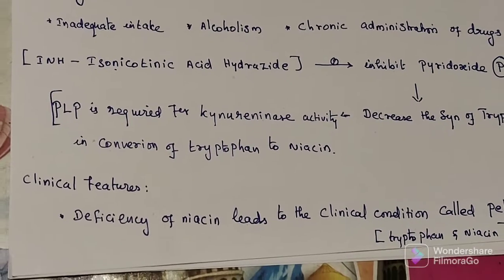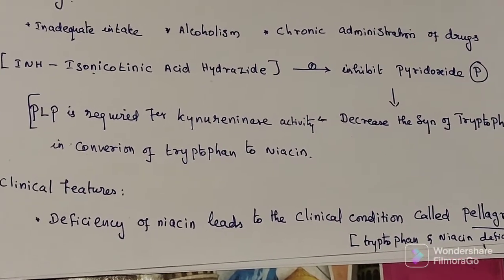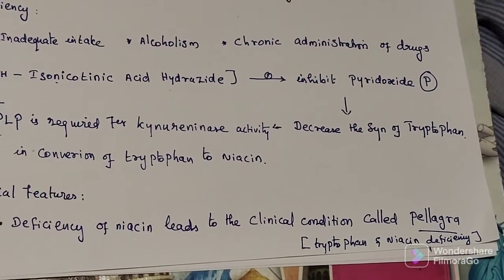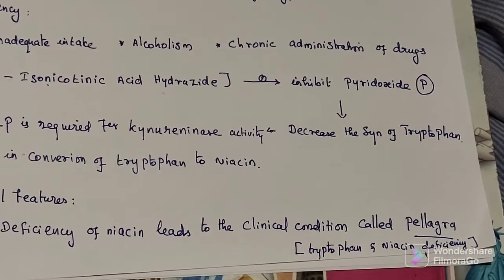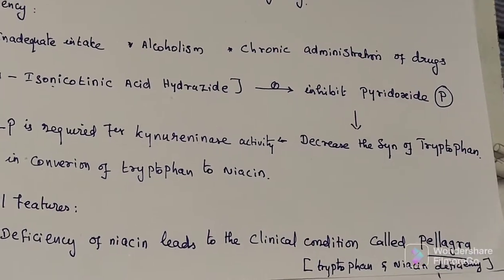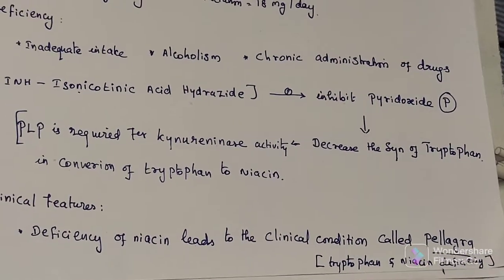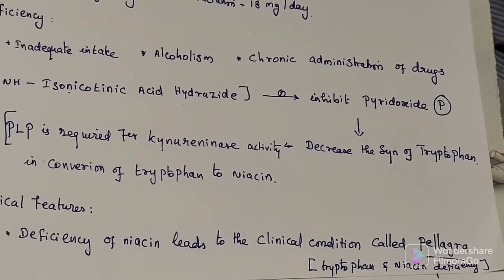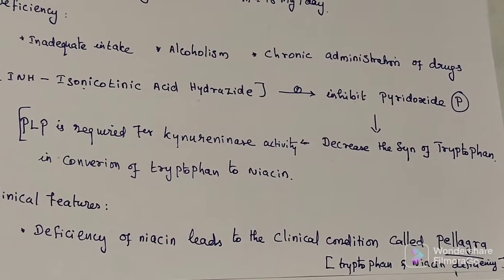Next, moving to clinical features. Deficiency of niacin leads to a clinical condition called pellagra. Pellagra is caused mainly by tryptophan and niacin deficiency.